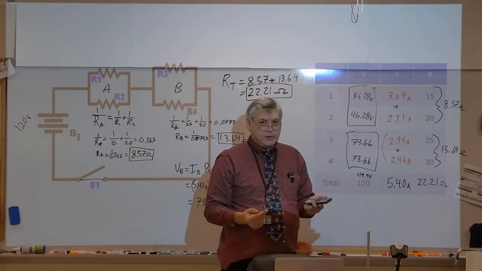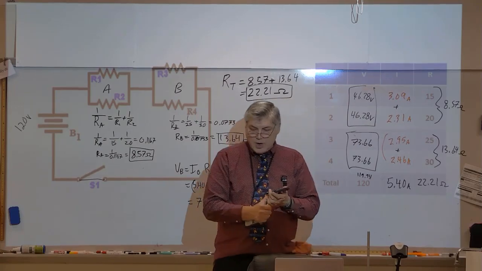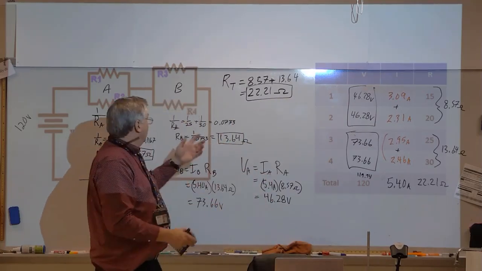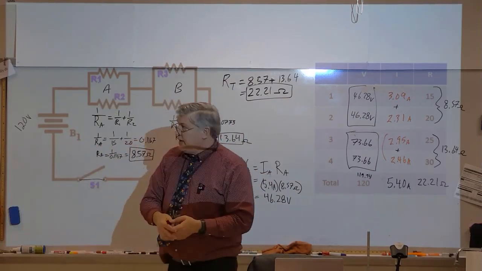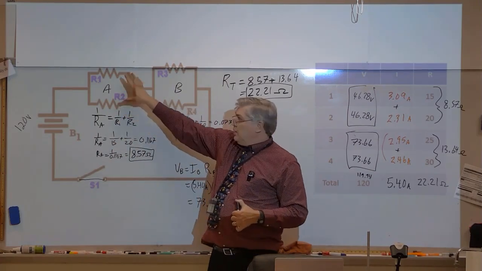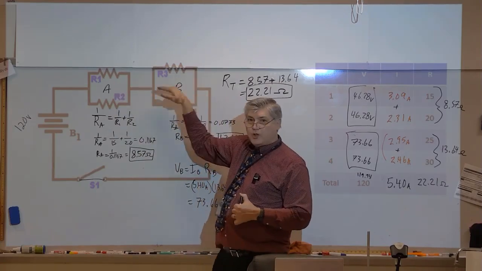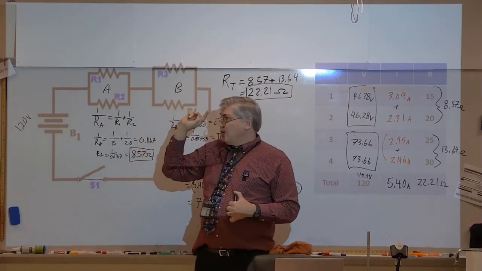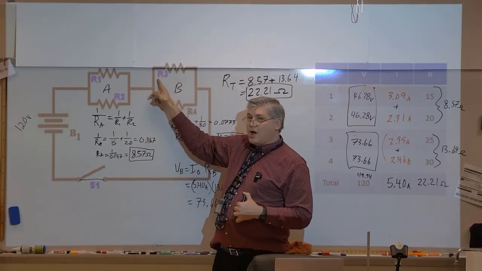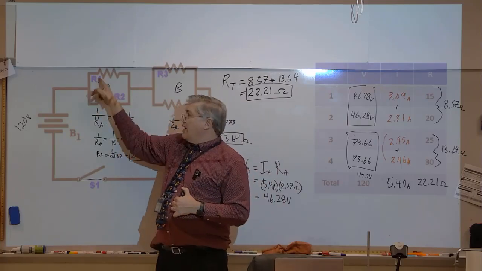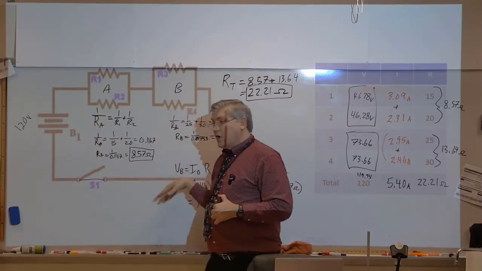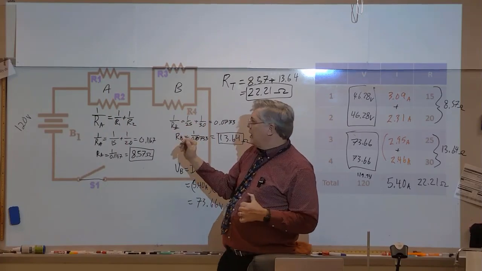Okay, so again, the best procedure is to solve for the parallel circuits as if they are a single resistor, and then you can treat them as two resistors in series. If you're looking for one of these resistors, then what you have to do is solve for everything else, like the total current.